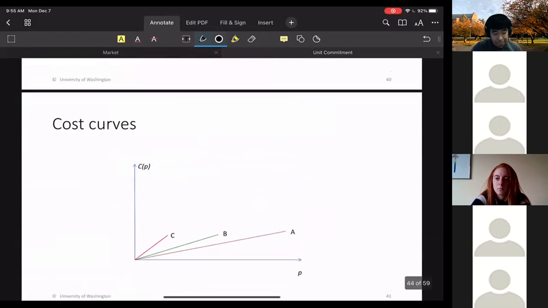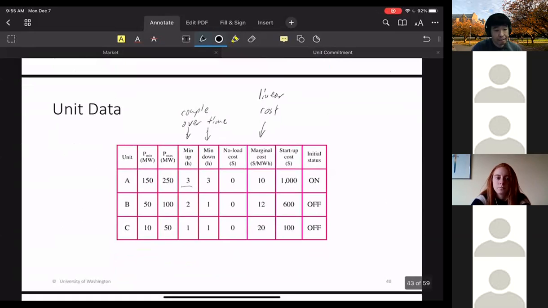Professor? Yeah, go ahead. I see the marginal cost is the lambda times the p. No, right? We don't know the lambda. There's no lambda yet for this problem. We haven't solved it. So remember, for example, for generator A, this will just be the marginal cost.